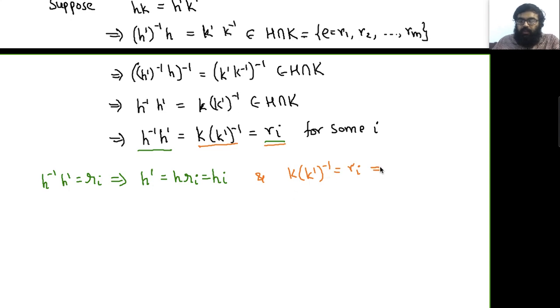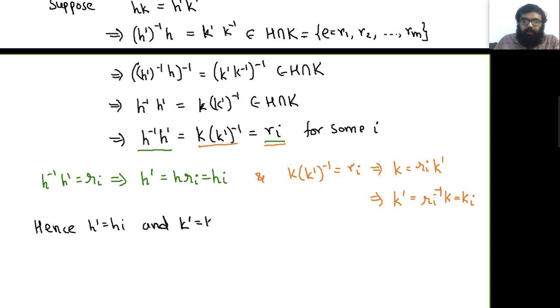This implies K equals Ri K dash, multiplied by K dash on both sides. And then we want actually K dash, so now multiply by Ri inverse. So this implies K dash, I am writing first, and K dash on the left hand side, if I multiply Ri inverse, this is Ri inverse K, which is nothing but Ki. So what we got? Hence H dash equals Hi and K dash equals Ki.